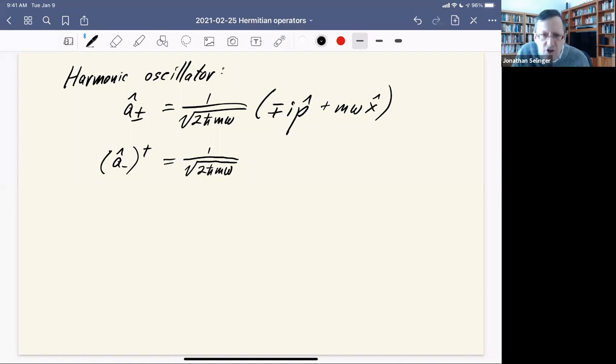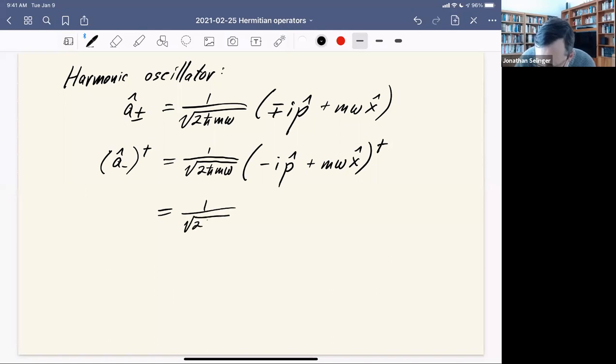This is a real number, so it can just factor out, and a real number is its own Hermitian conjugate. Now a minus is i p hat plus m omega x hat, and I want to know the Hermitian conjugate of all of that stuff. So that is 1 over this square root.